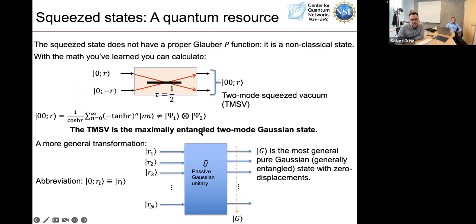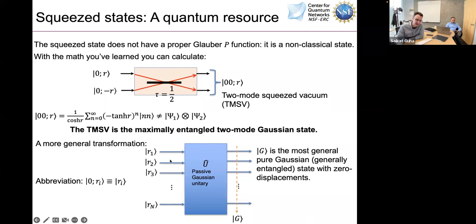If you move to something more general, for example, what will happen if I take a bunch of squeezed states with a different squeezing value for each one, positive or negative, and I inject them through a passive Gaussian unitary? Passive Gaussian unitary means that this is a unitary that preserves the energy.